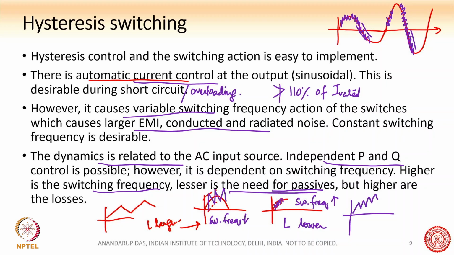You can recall that the value of L is inversely proportional to the switching frequency, right? So if you increase the value of L, you can go with a lower switching frequency. But if you decrease the value of L, you have to have a higher switching frequency, and then you will have higher losses. So the losses in the converter will increase.